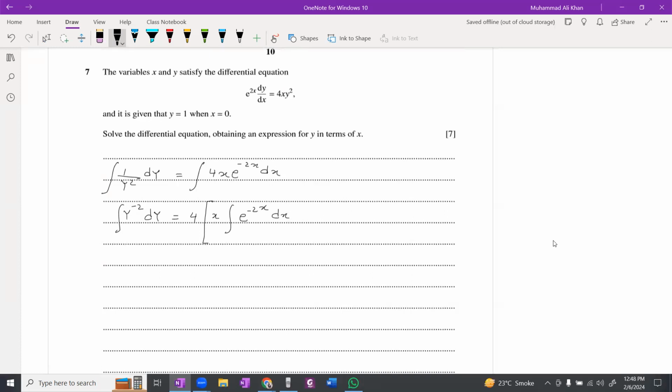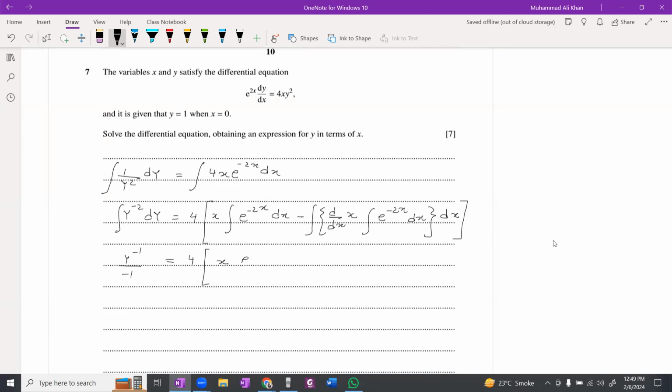So u times the integral of v dx minus the integral of the differentiation of u times the integral of v dx. Now, this one will be y power minus 1 upon minus 1 equals to 4 here x, what is the integral of e power minus 2x?